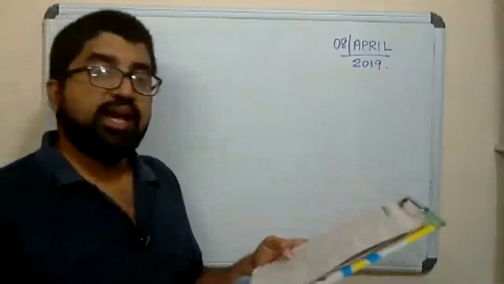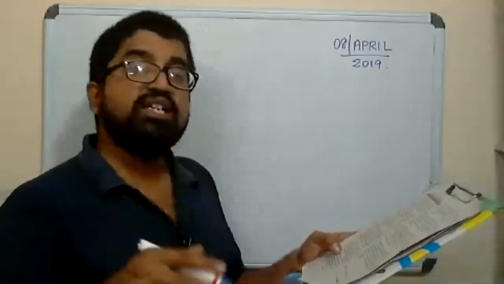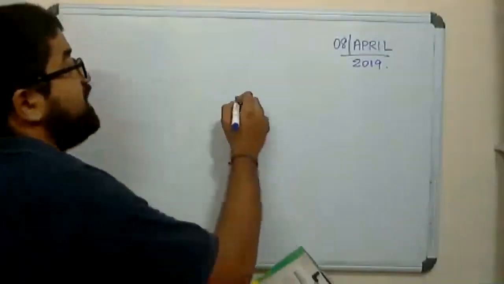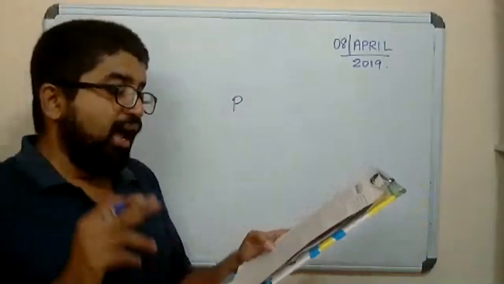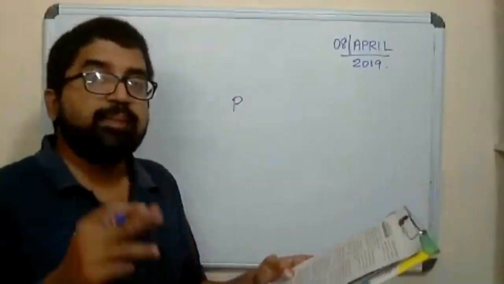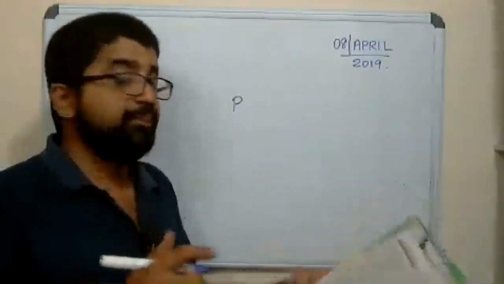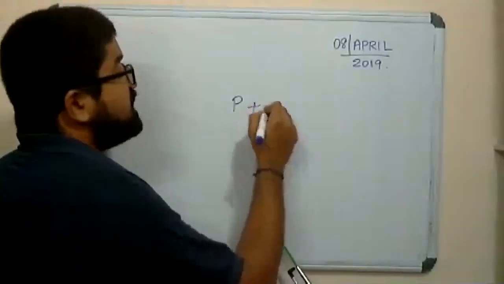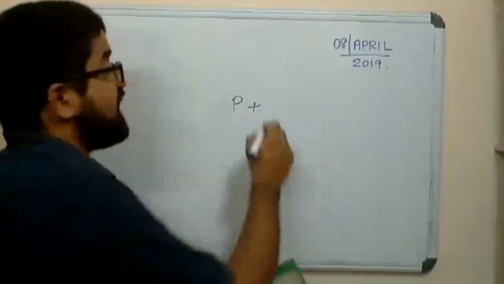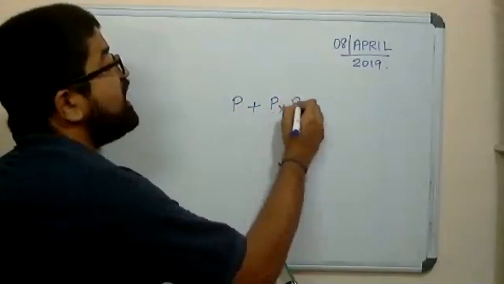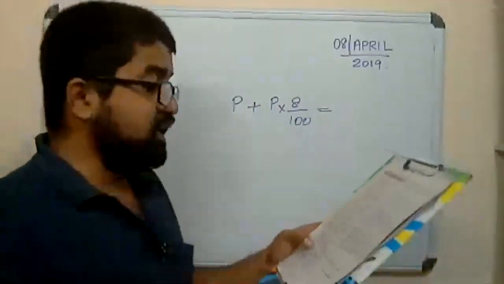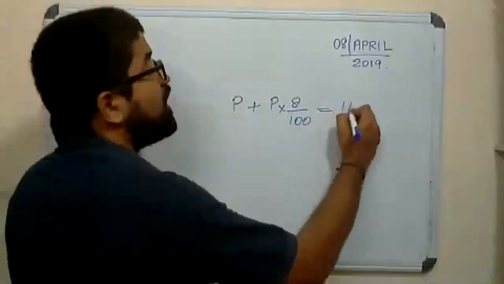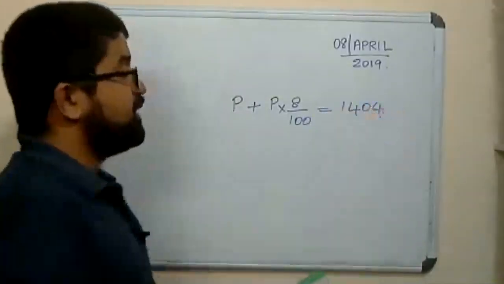So let us assume that the price that Veena is willing to pay is P. Now, along with this P, plus 8% as tax, that is P into 8 upon 100, this total should be equal to 1404.